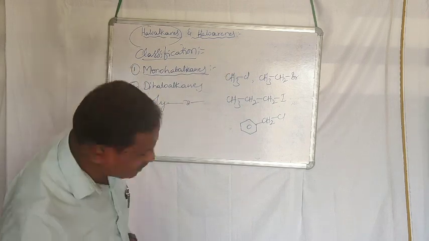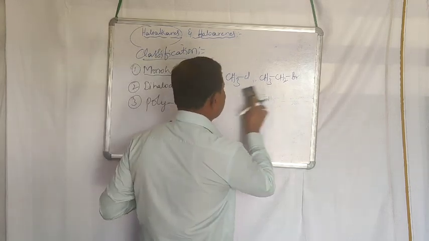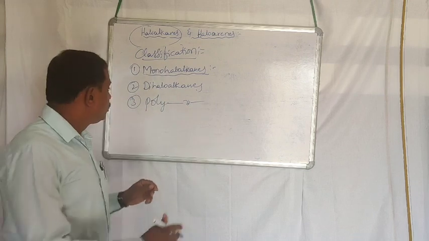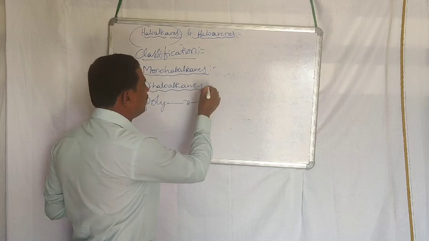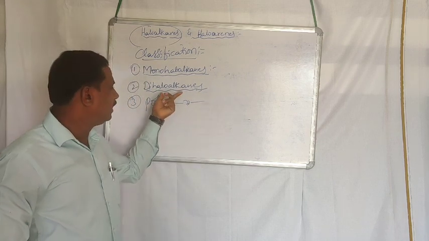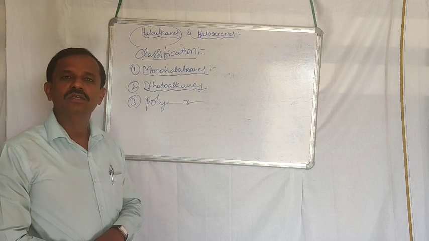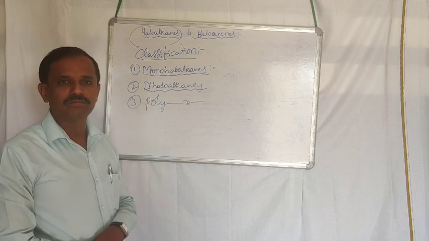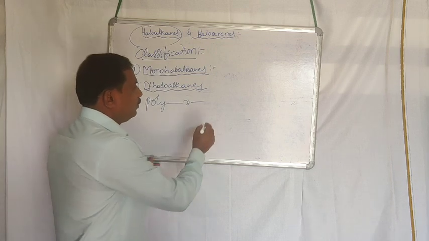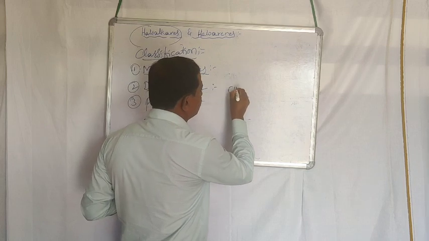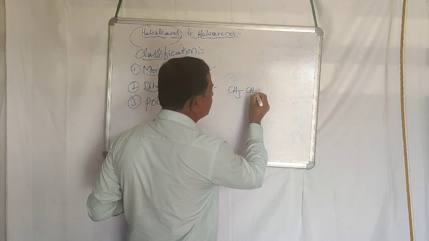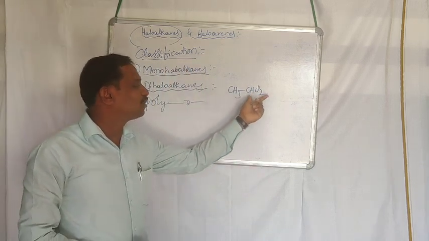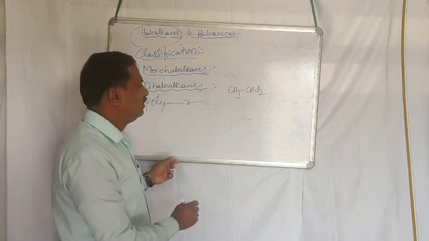Next, we'll discuss another classification, dihaloalkanes. Di means two. If two halogen atoms are present in the molecule, then in these dihaloalkanes two hydrogen atoms of the alkane are replaced by halogen atoms. For example, CH3CHCl2, ethylidene dichloride.